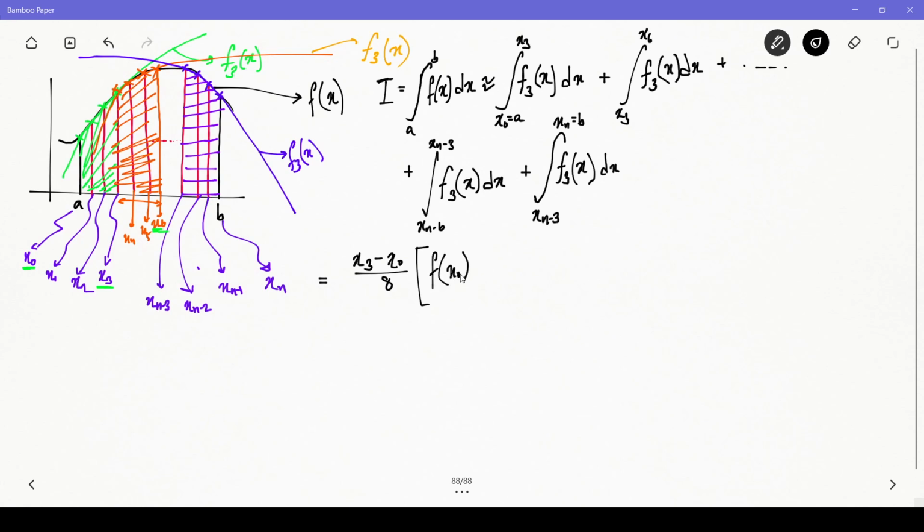Then there was 3 times f of x1, plus 3 times f of x2, plus f of x3, right? So if you recall, this was our formula for a single application of the Simpson's 3 by 8 rule.